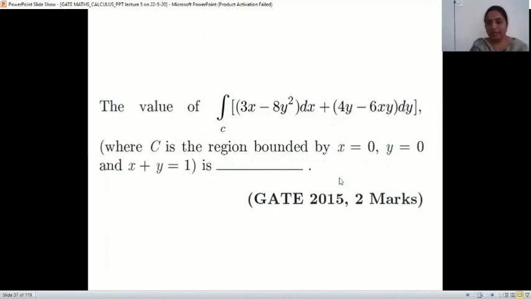The region is bounded by x is 0, y is 0, and x plus y is equal to 1. Now we can find the limits, since a region is given to you. So just think on that. Okay, I'll show you the answer in between.